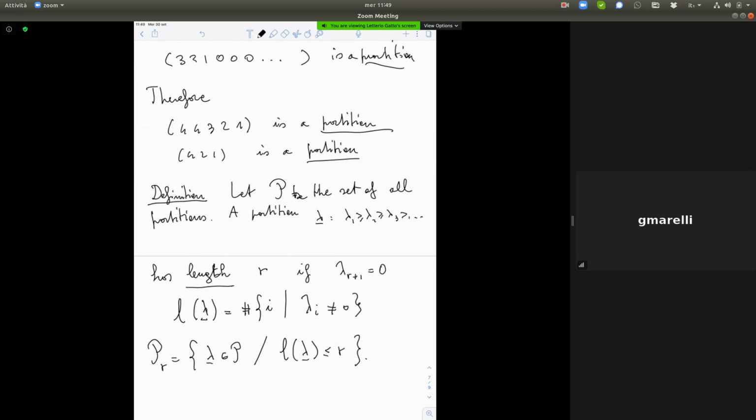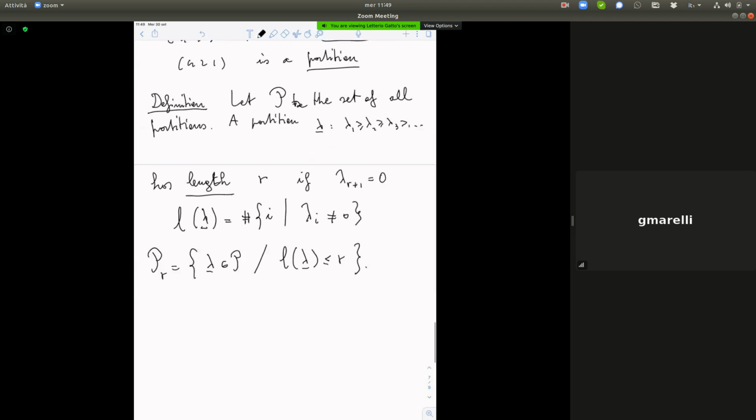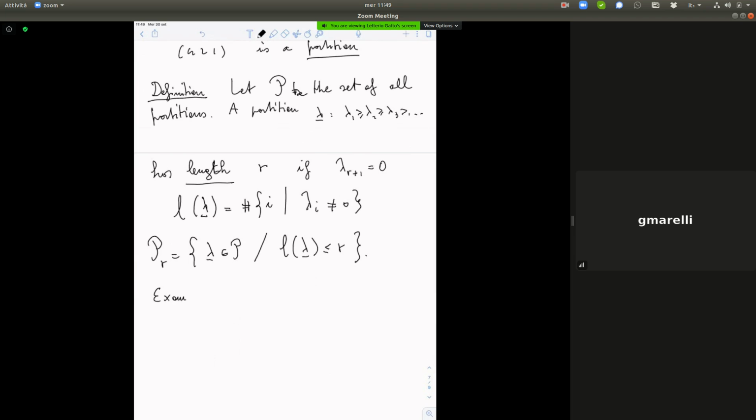It means that the partition may have R non-zero parts, but may also have fewer. For example, 3, 2, 2, 1 belongs to P4 because it's a partition whose length, which is 4, is less than or equal to 4.